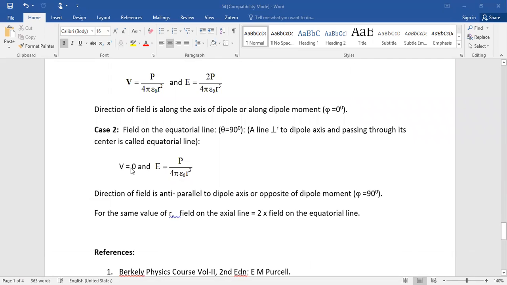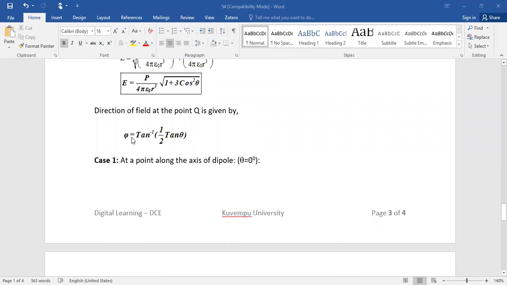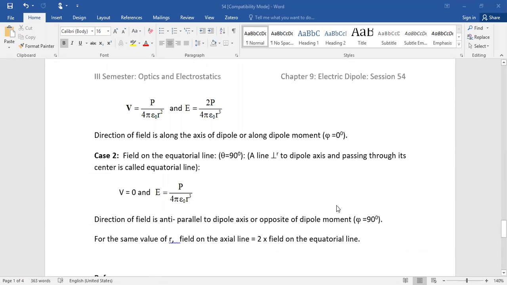Then you will get potential equal to 0 and field equal to P by 4 pi epsilon naught R cube. For the direction of the field, you put theta in the expression for phi.